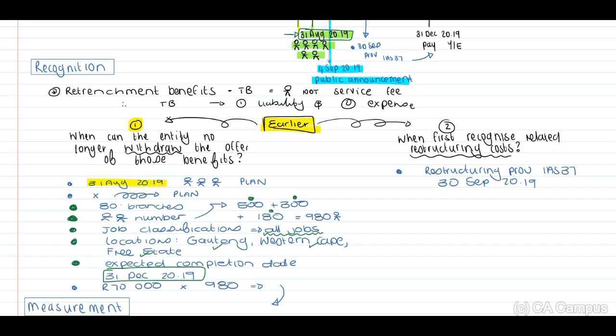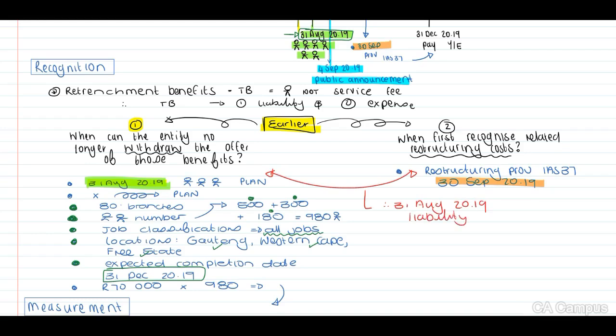Therefore, the earliest between these two dates, guys, I just want to indicate 30 September. Therefore, my 31 August should actually be green. Now, the earliest between these two dates will therefore be the 31st of August 2019. They need to recognize the liability.